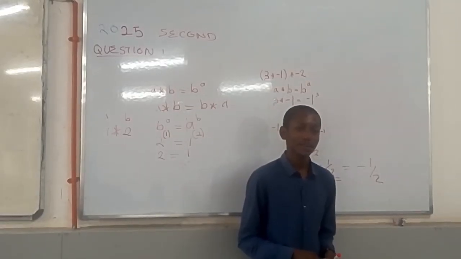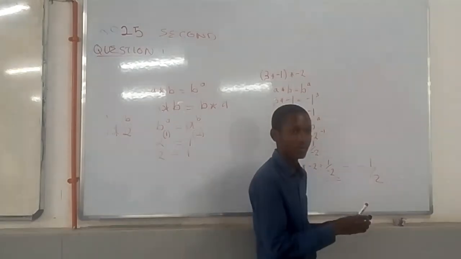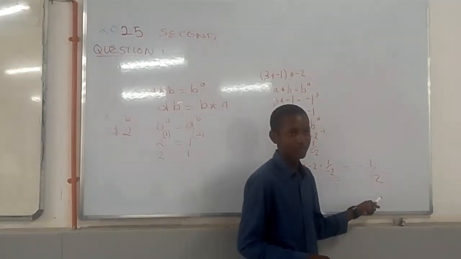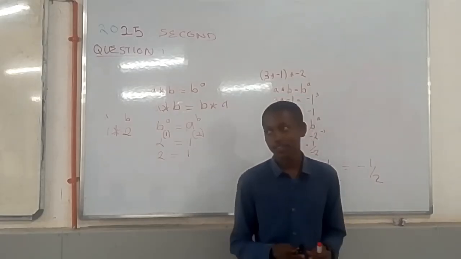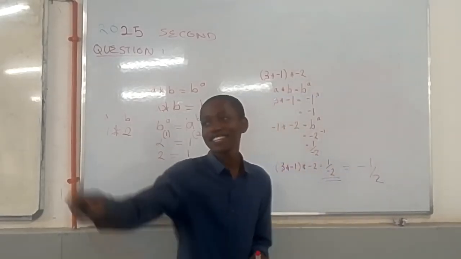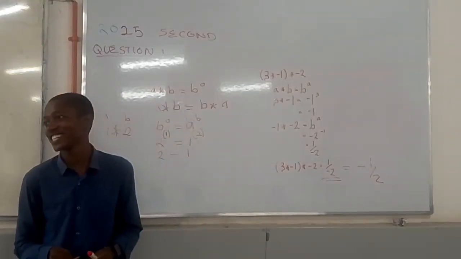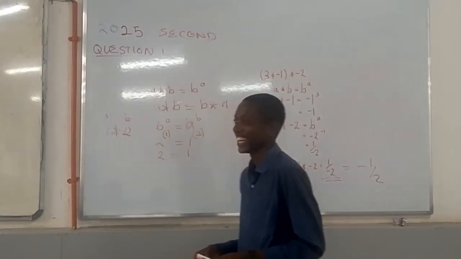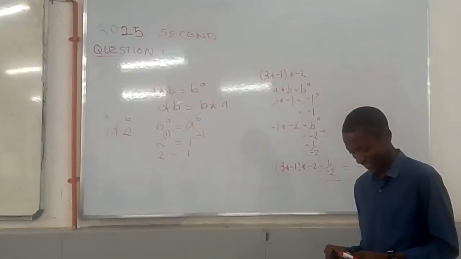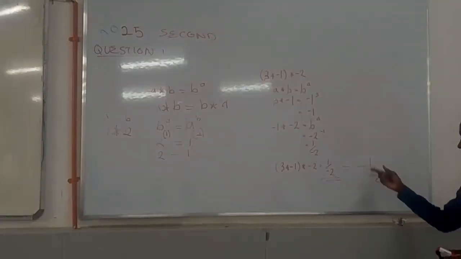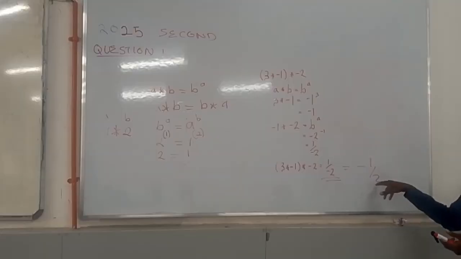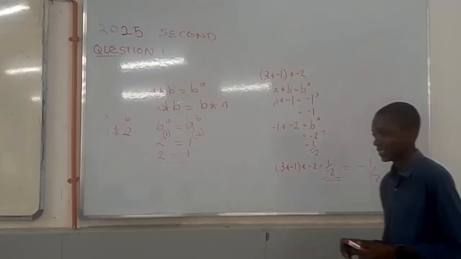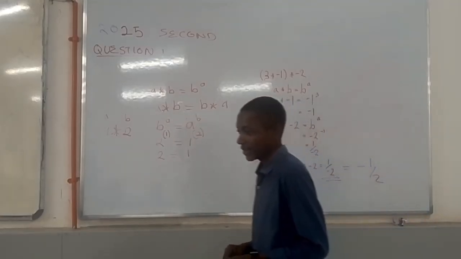Actually, in mathematics here, we know a denominator shouldn't be negative. No matter what, it's a rule. The denominator is not supposed to be negative. Okay, so are we good?